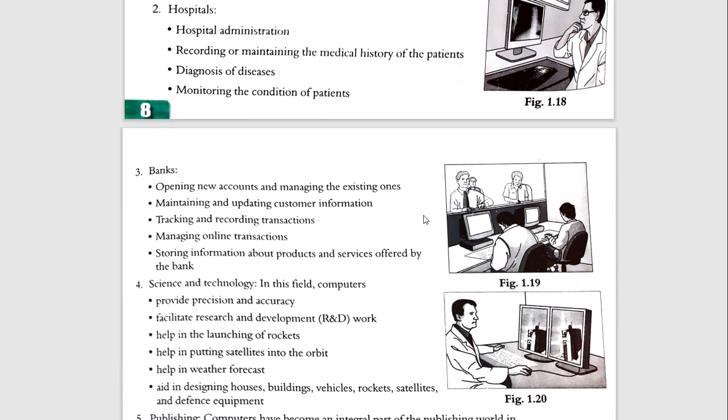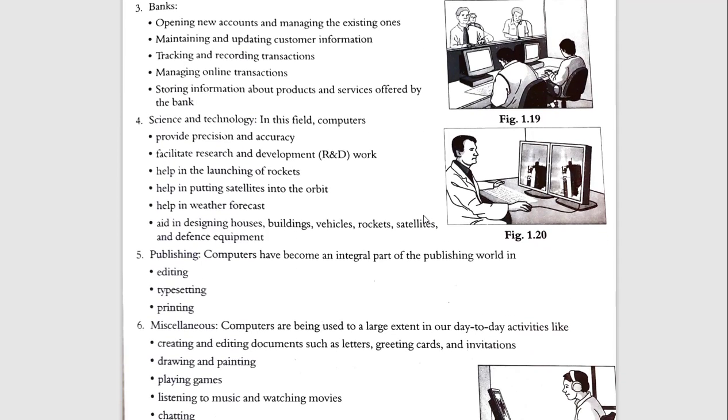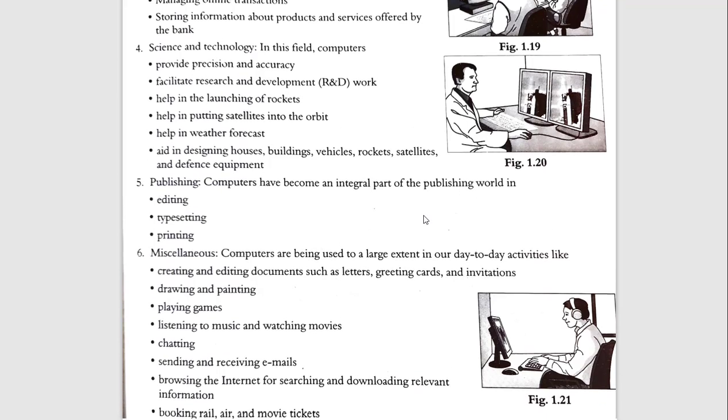In hospitals, the hospital administration uses computers for the patients, to diagnose diseases and for monitoring the condition of the patients. In banks also, whenever you go to a bank, all the people over there have computers on their desks. They make use of them to check your balances, track and record transactions, manage online transactions, and so on. Then we have the science and technology field.